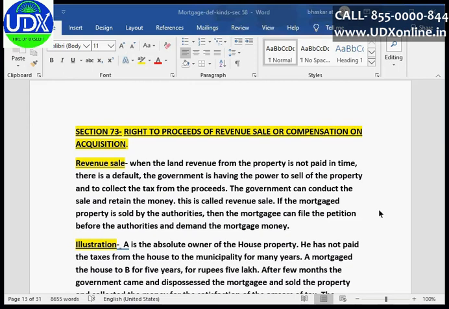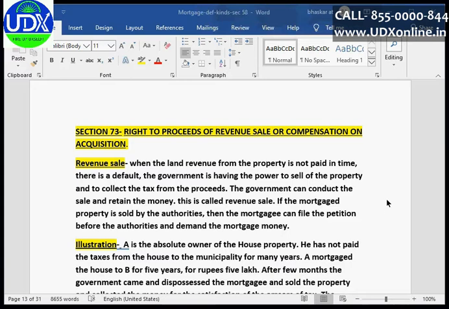The government can conduct the sale and retain the money. This is called revenue sale. If the mortgaged property is sold by authorities, then the mortgagee can file the petition before the authorities and demand the mortgage money.